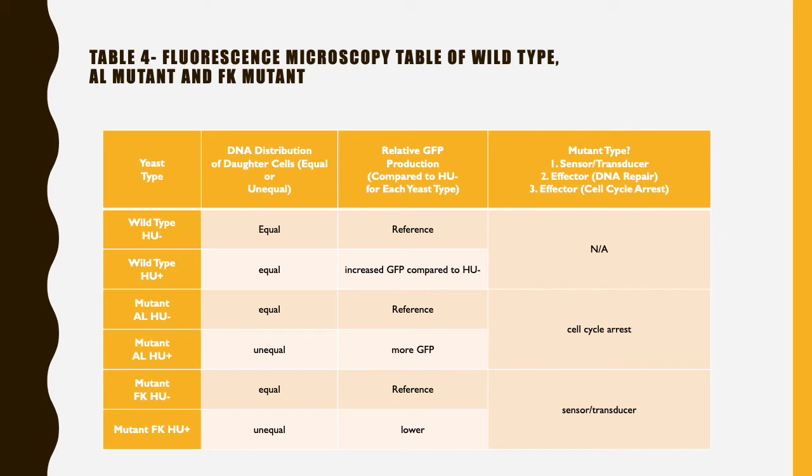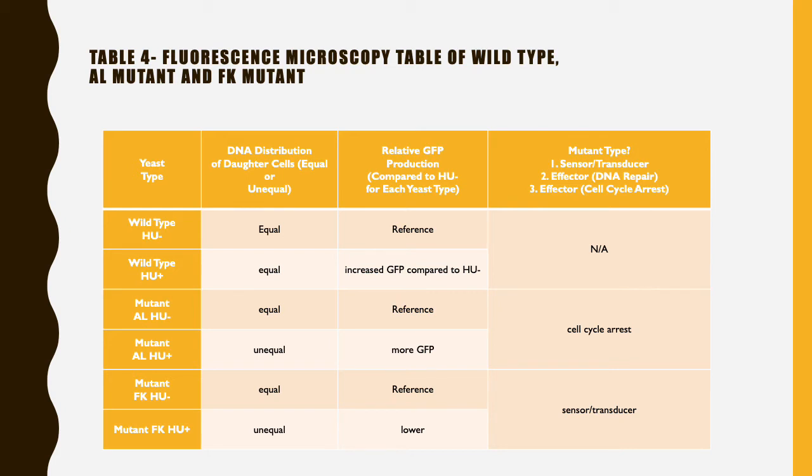In the wild type, we have equal distribution of DNA, and we have increased GFP within the HU positive. This is our baseline right here. In the AL mutant, we have equal distribution in HU negative, but unequal distribution in HU positive, and also we have more GFP in the HU positive.